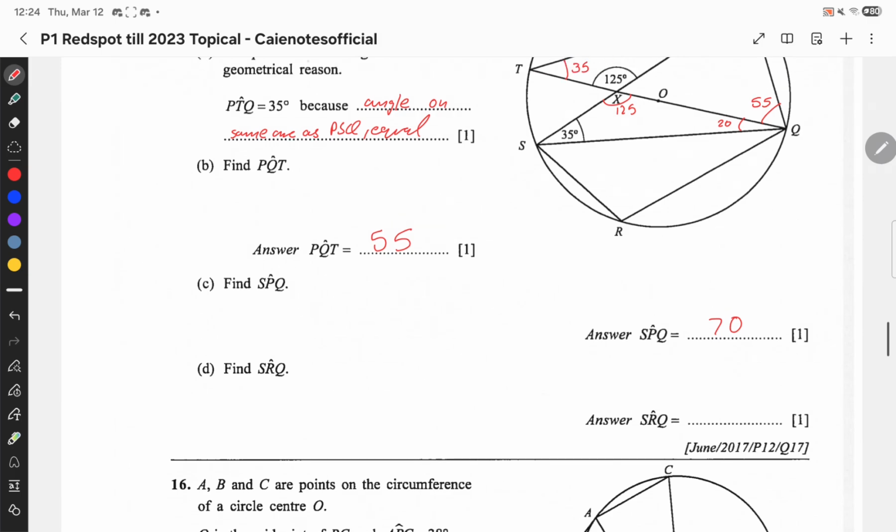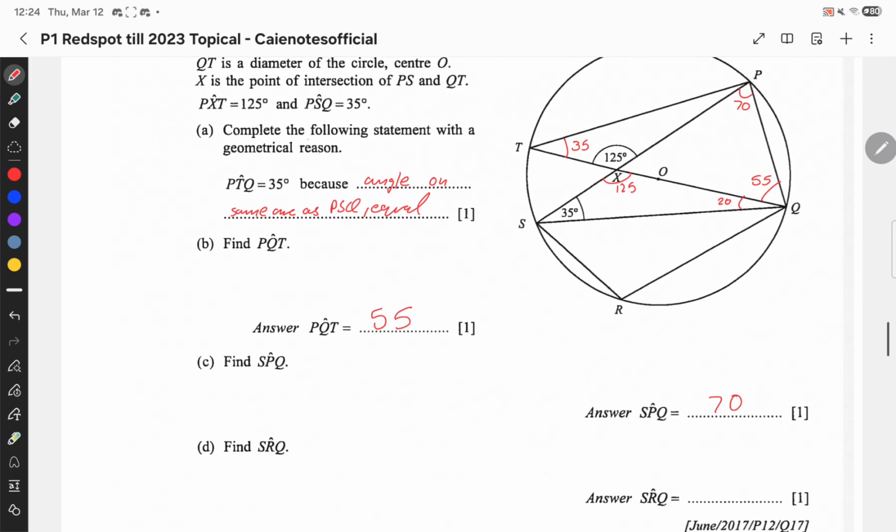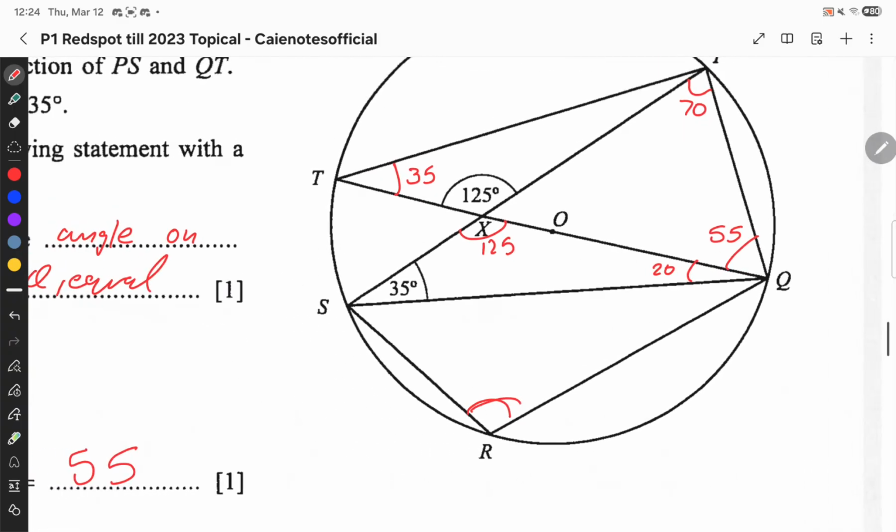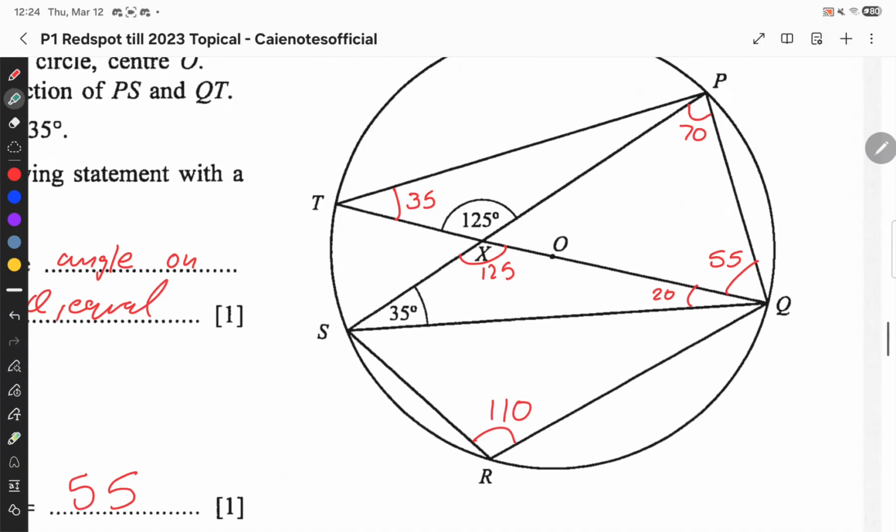Nice. S R Q. I'm going to say it. 110. Why? Because of a cyclic quadrilateral. We gave up finding any thingy, so our last option is looking to the opposite to it, and we find an angle opposite to it, and so we do cyclic quadrilateral.